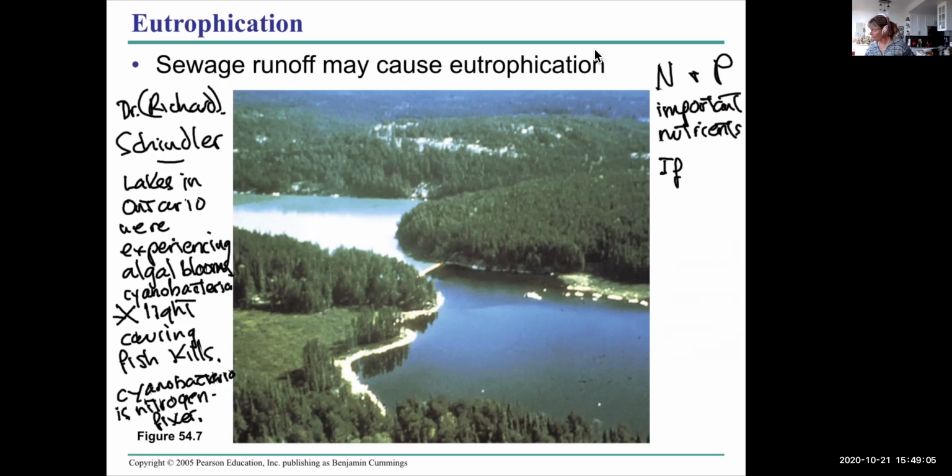If phosphorus is added, cyanobacteria will bloom because for it, nitrogen is not limiting.